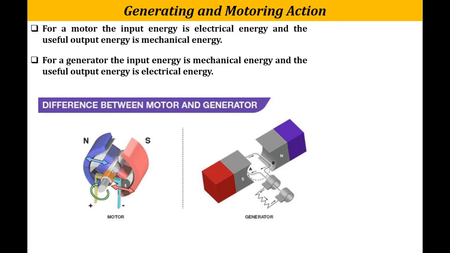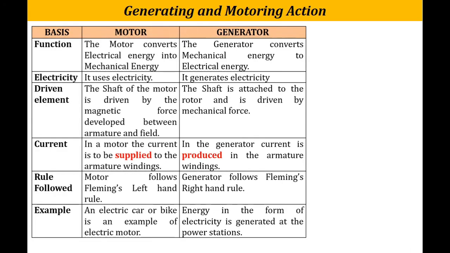Now let's discuss the difference between motor and generator. The basic function of the motor is that it converts electrical energy into mechanical energy, whereas a generator converts mechanical energy into electrical energy. Then a motor uses electricity but a generator will produce electricity. Now, what is the driven element?